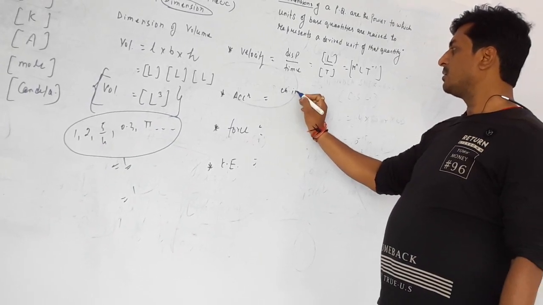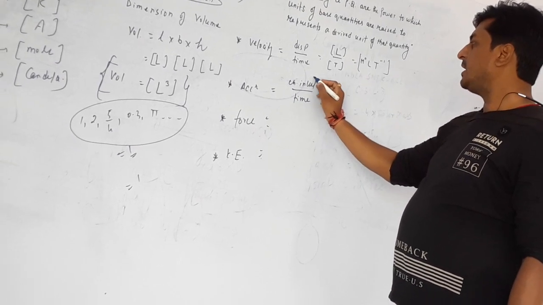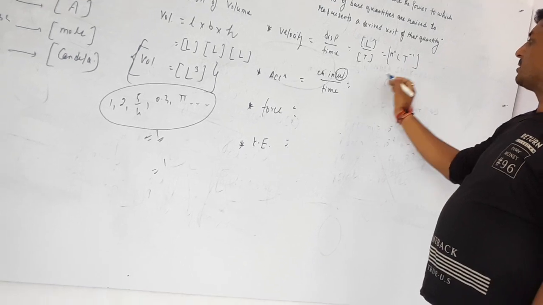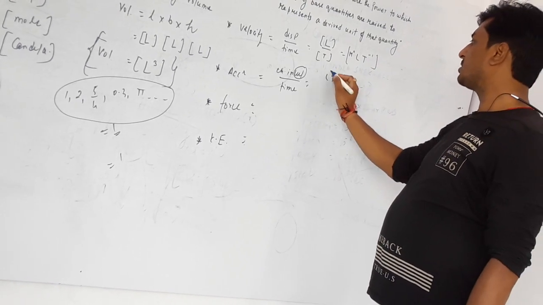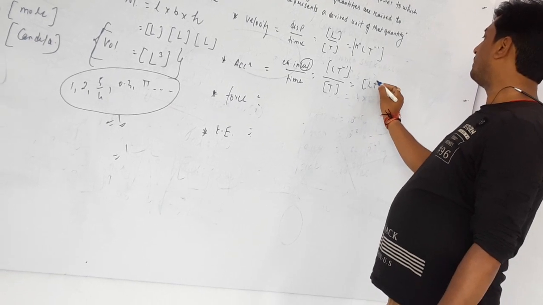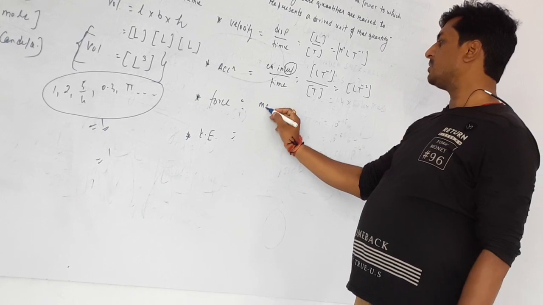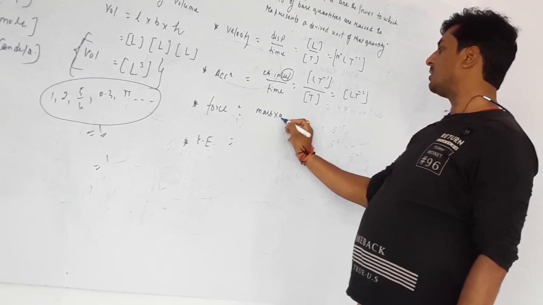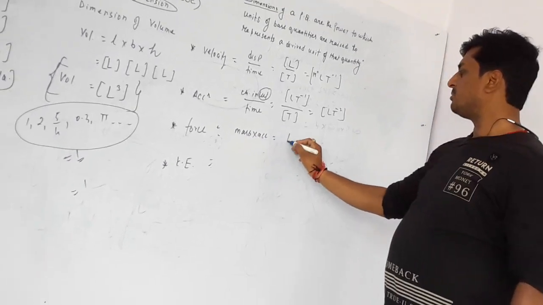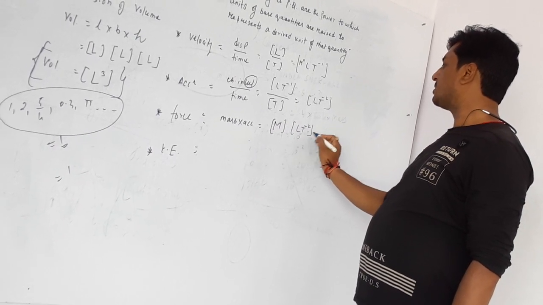Acceleration is change in velocity upon time. The velocity dimension you have already calculated here. So directly you can write LT minus 1. Time is T. On combining, you will get LT minus 2. For force, the formula is mass into acceleration. Mass dimension is M. Acceleration dimension is LT minus 2.